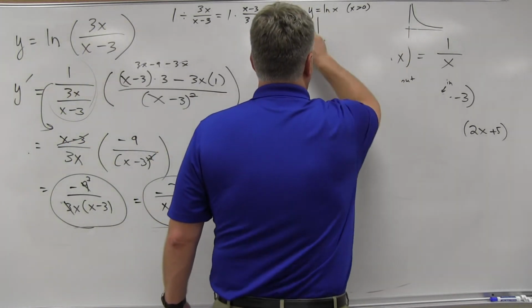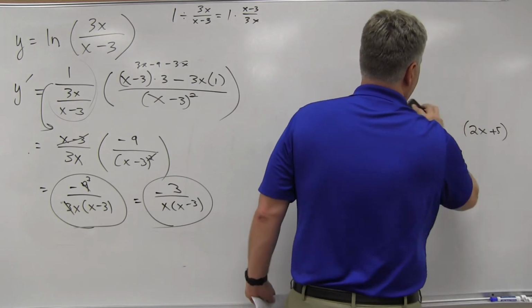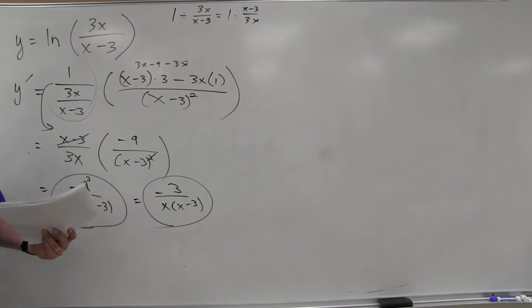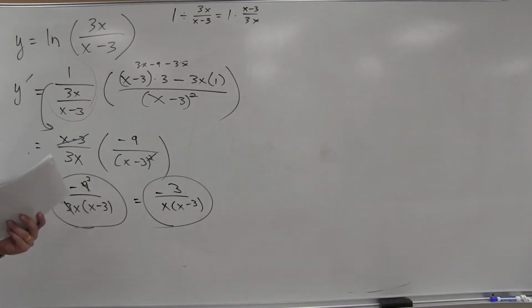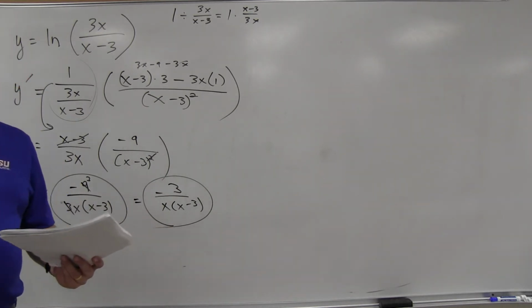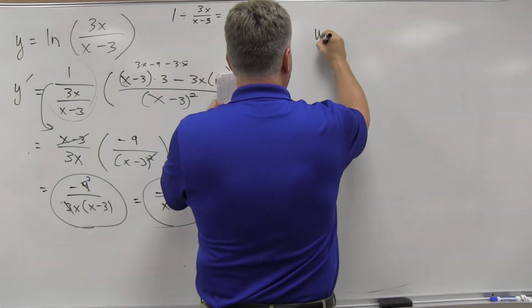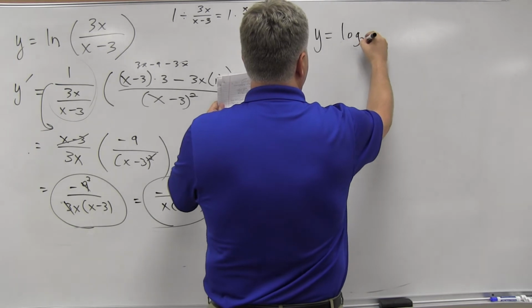Now, here's something. We can extend our derivatives of the logarithms a little bit, and it comes via that change of base theorem I mentioned. Here it is. Let's say we got a log base 2 of x.